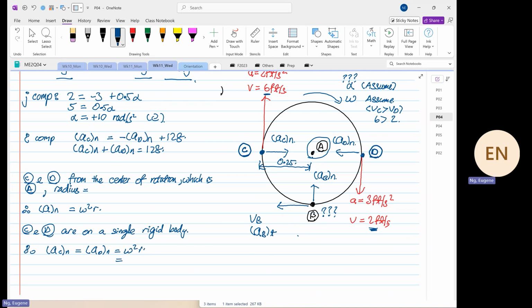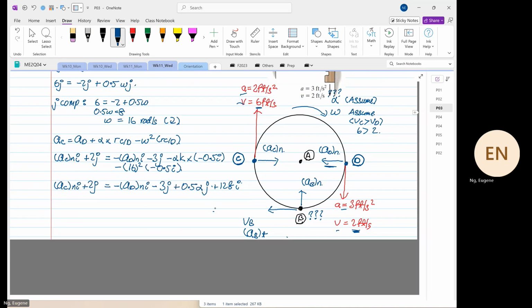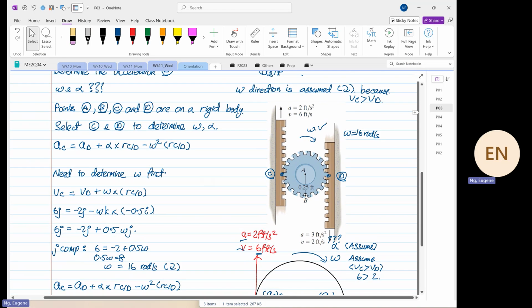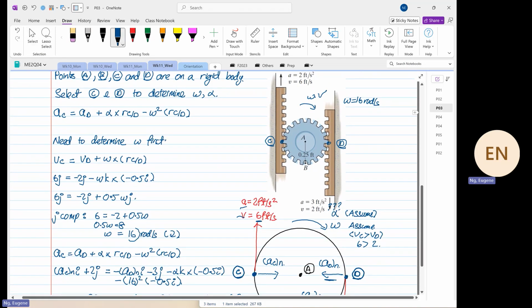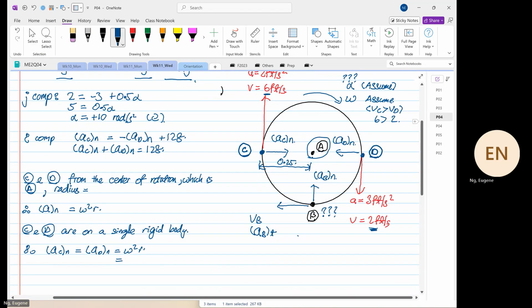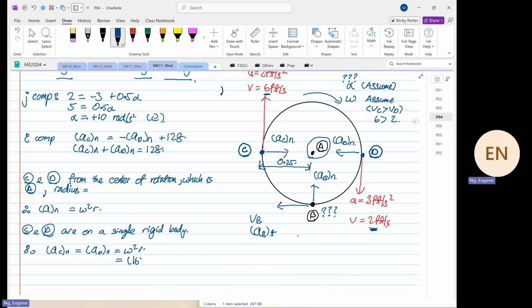And the omega that we found earlier is equal to 16. So 16 squared times the radius of 0.25 gives 64 radians per second squared.